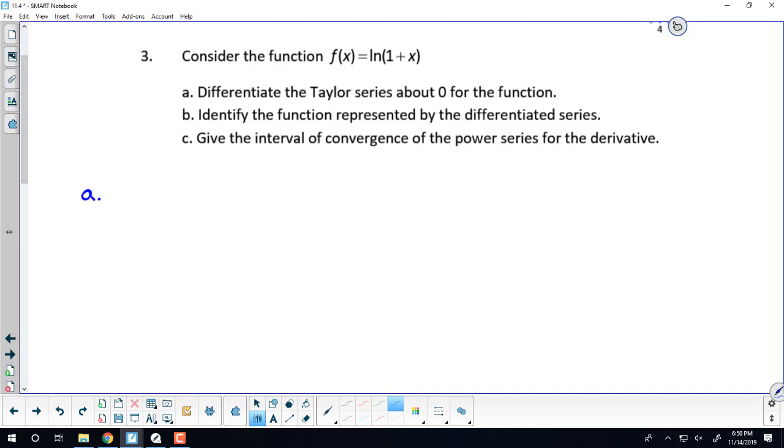For part A, it's beneficial to write out the Taylor series for the natural log of 1 plus x centered at 0.